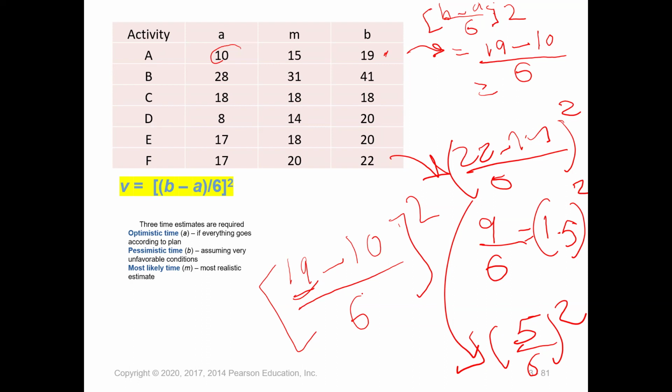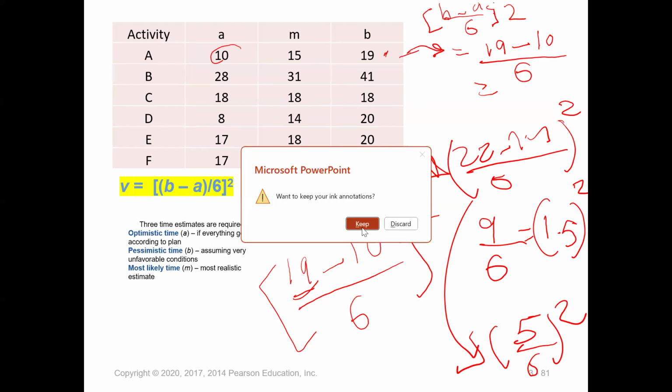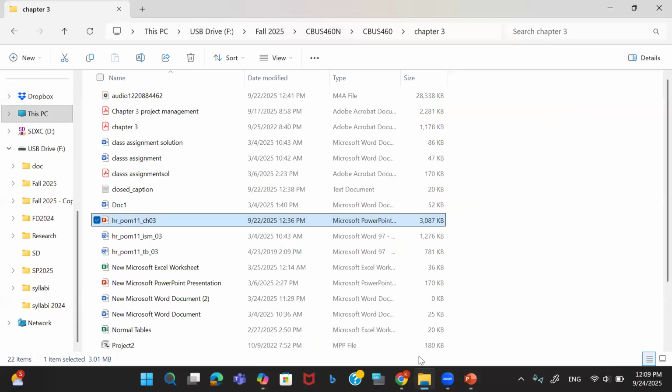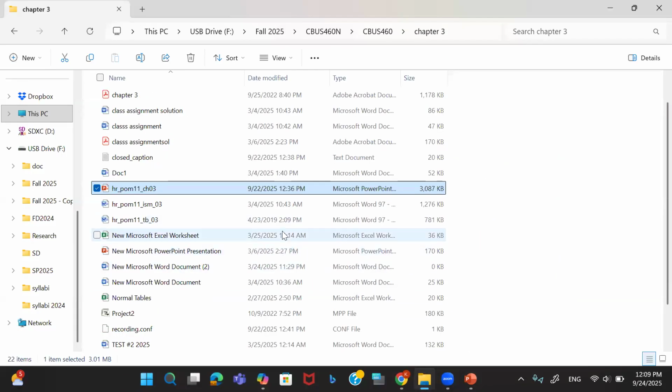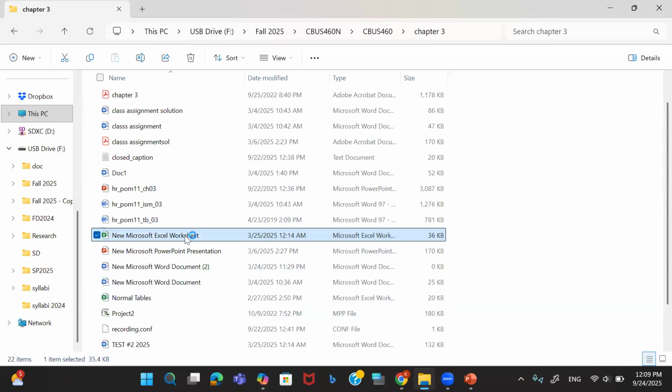I divide this by 6. So 19 minus 10 is 9. Divided by 6, 1.5. So 1.5 is squared. This will give us the variance for activity A. I do the same thing for all activities. I think I have the Excel sheet for this. Let me see if I have the Excel sheet.